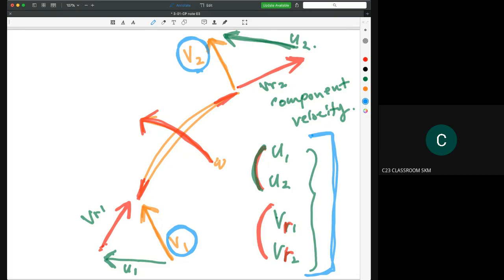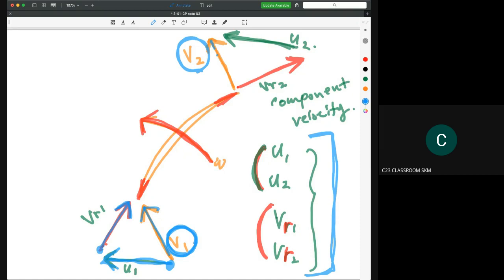Component means the imaginary velocity. Since V1 is the resultant velocity, the vectors must close to each other. It must start from here, go in this direction, and from this point close the loop to the resultant velocity. This is the idea when you draw a velocity vector.